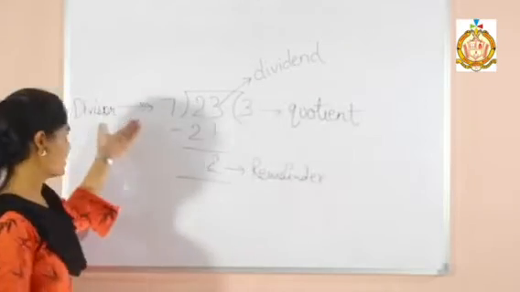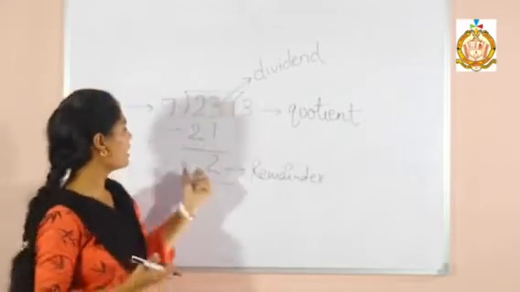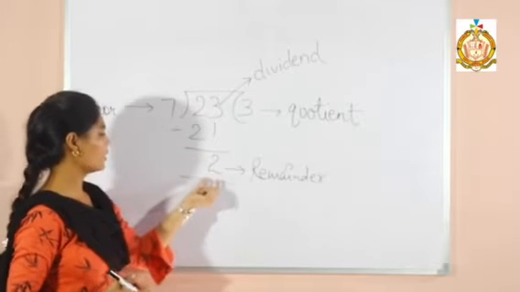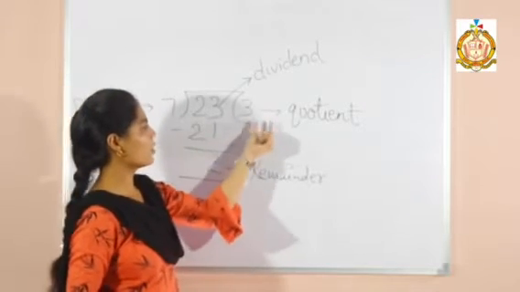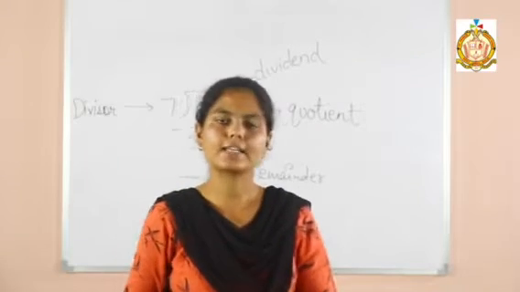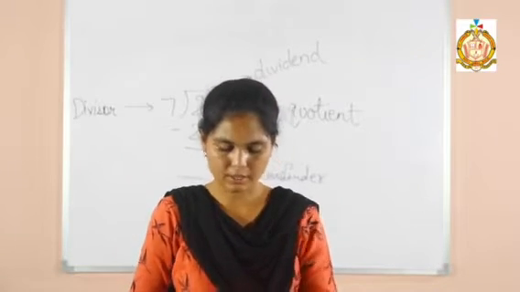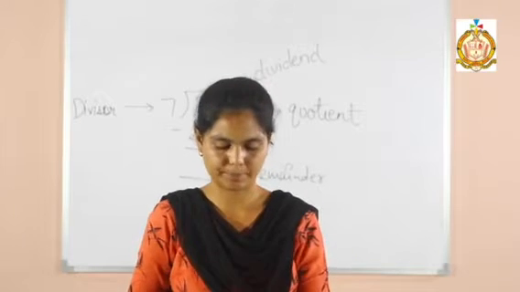This is your divisor, by which you divide the number, and this is your dividend. After subtraction, if some number is left, that is your remainder, and this is your quotient. In exercise 4.1, you can solve your exercise with the help of these properties.